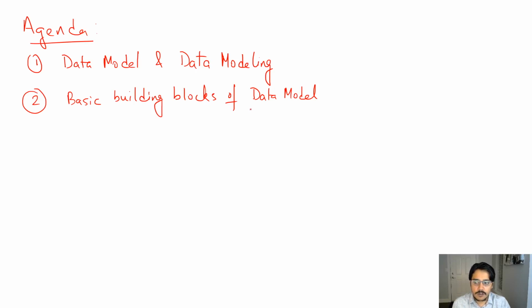In order to show that graphical representation, you need certain terminologies or certain components. That is what we mean by the basic building blocks of a data model, which is to say the different components that will be used when we graphically represent our database design.